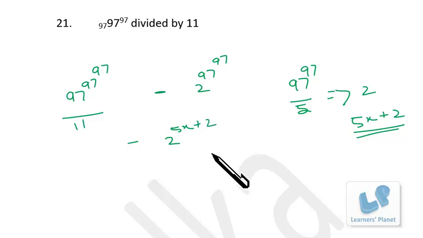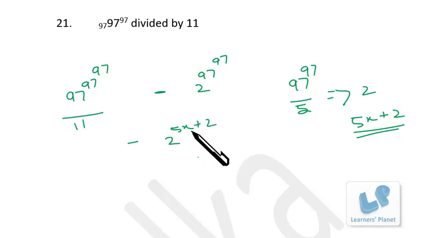Now it is important to know over here that 5x plus 2 is an odd number, right? Now this is the even part, right? This is odd, 5 is odd. So this entire number should actually be odd. That means x should not be an even number, because in that case this number will be even, and even plus even, we will be getting an even number.